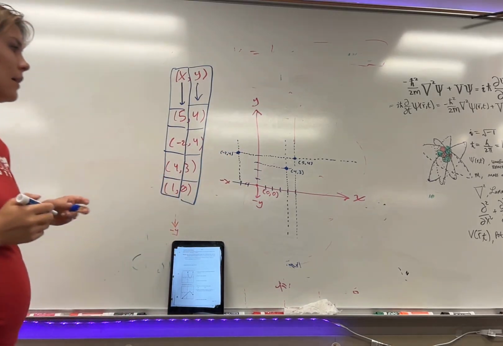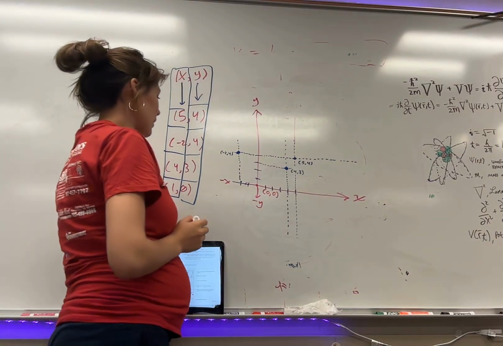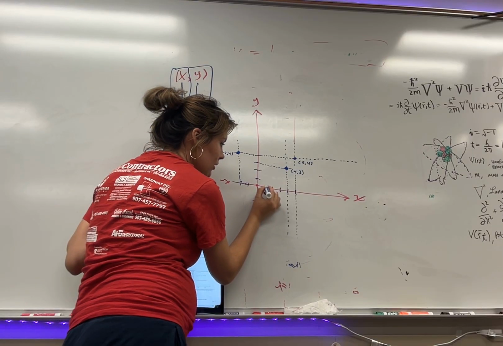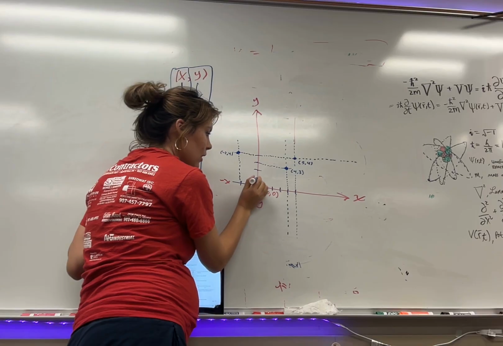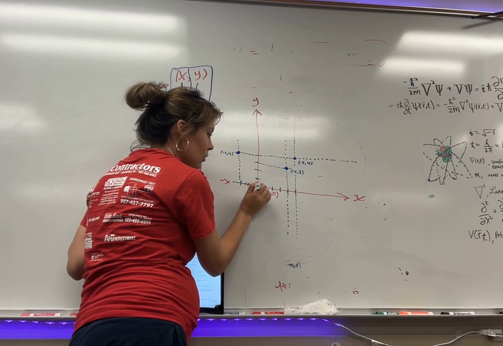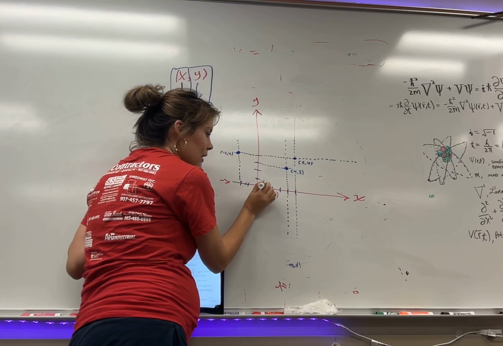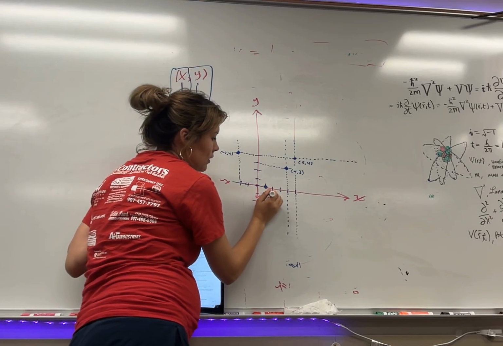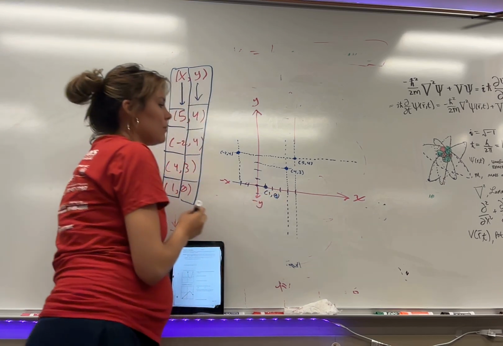And now we have one last point, at x equals 1, y equals 0. Well, x equals 1 is right here. Y equals 0 is starting at 0. This is y equals 1, this is y equals -1, this is 0. So we have a point right at x equals 1, y equals 0. That's that point there.